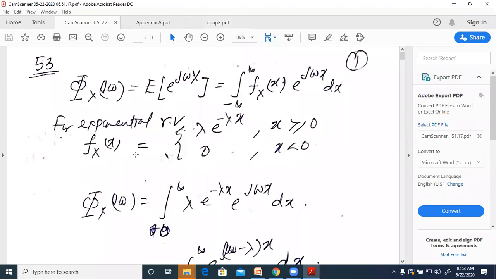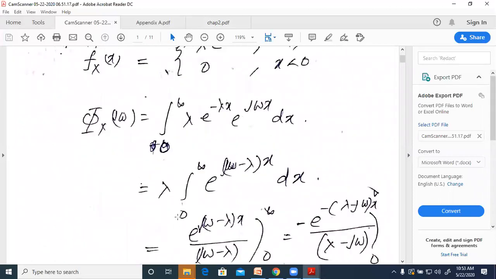Using this, we can write the characteristic function, where lambda e to the power of minus lambda x is what we need to write for fX(x), and that is for x greater than 0. Therefore, limits will be 0 to infinity now. I need to join these exponentials, giving e to the power of j omega minus lambda times x, dx.